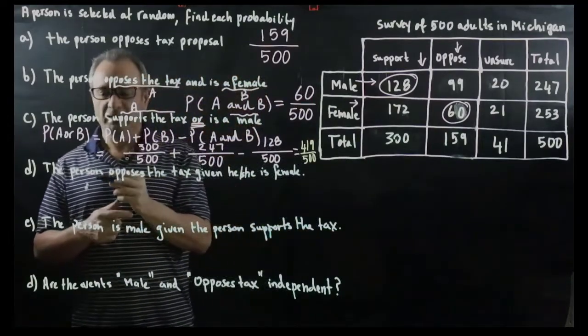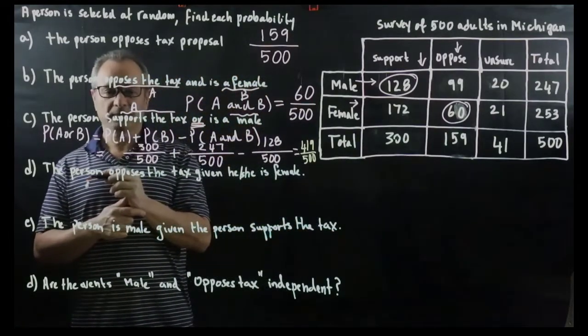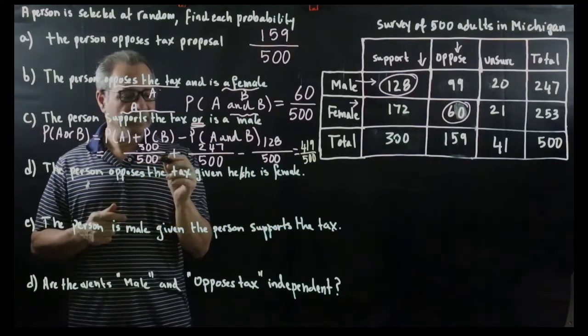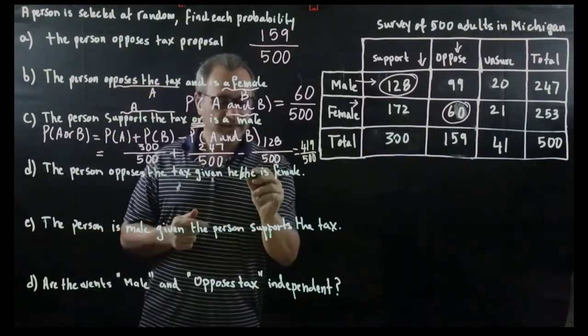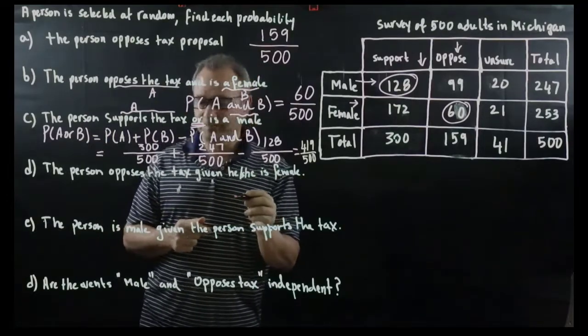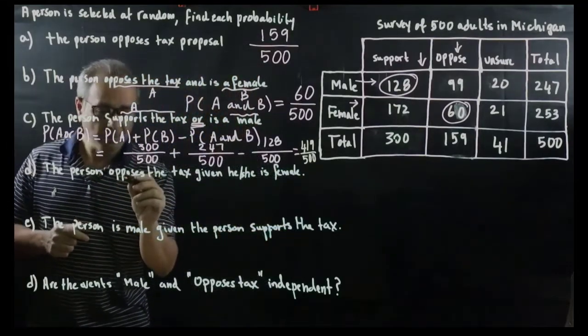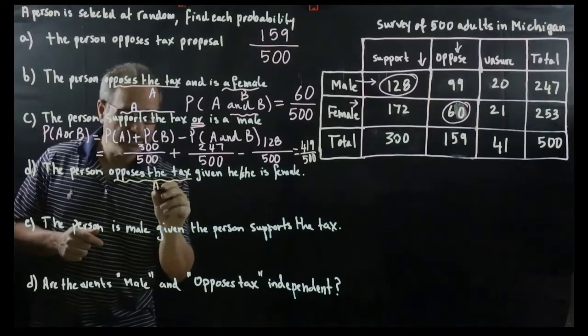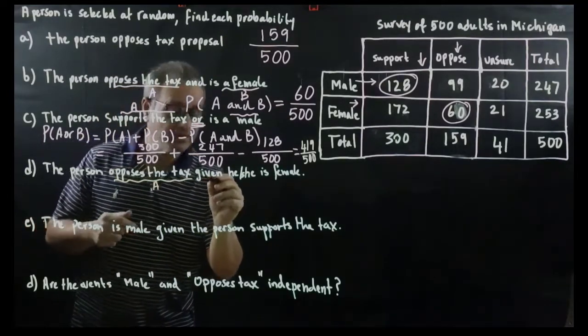Part D. We select a person at random. What's the probability that the person opposes the tax given that the person is a female? Okay, so opposes the tax, let's call it event A, and given is a condition.